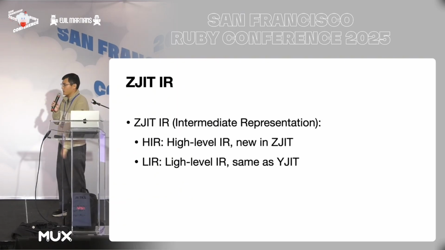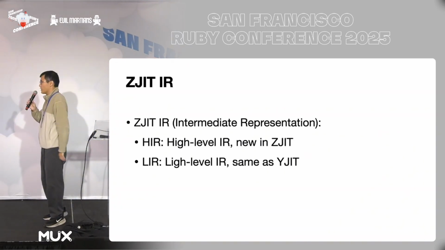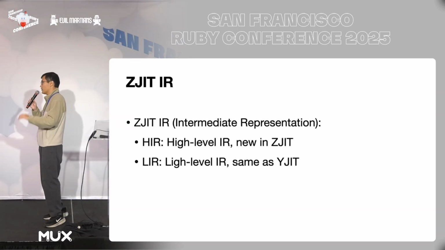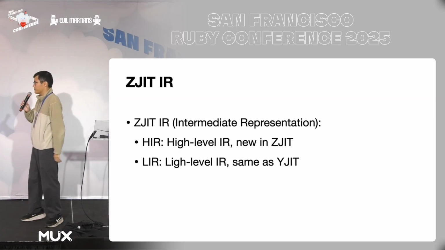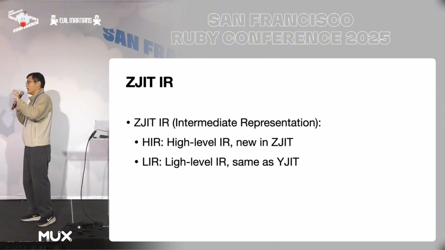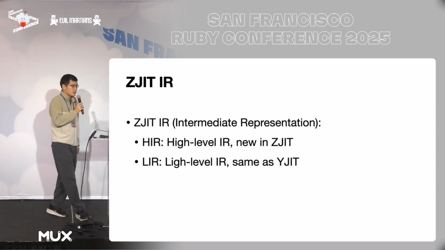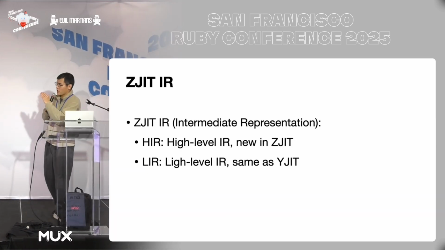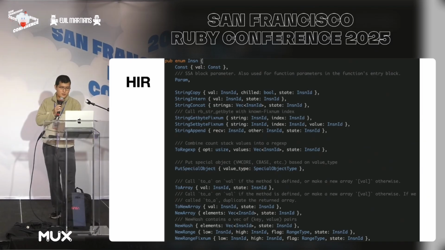We have two different IRs. One is called HIR, which stands for high-level IR, and the other is called LIR, low-level IR. YJIT already had the same LIR that abstracts away x86 and ARM64, which are the two platforms we support. But YJIT didn't have the HIR that now performs the language-level optimizations.